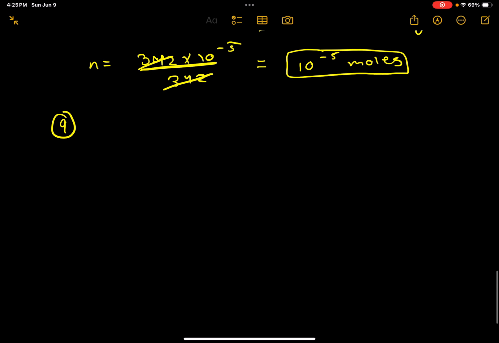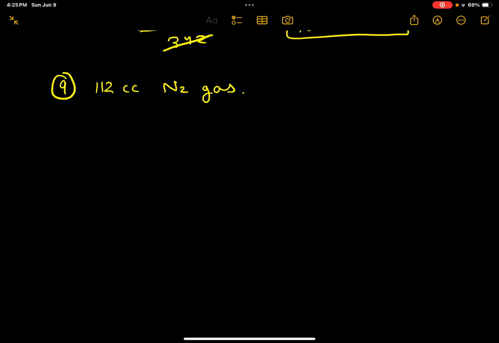112 cc N2 gas. So 1000 cc, we know that 1000 cc is equal to 1 liter, because 1 cc is 1 times 10 to the minus 3 liter.